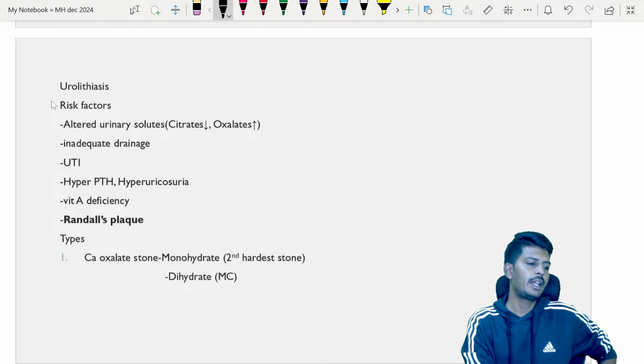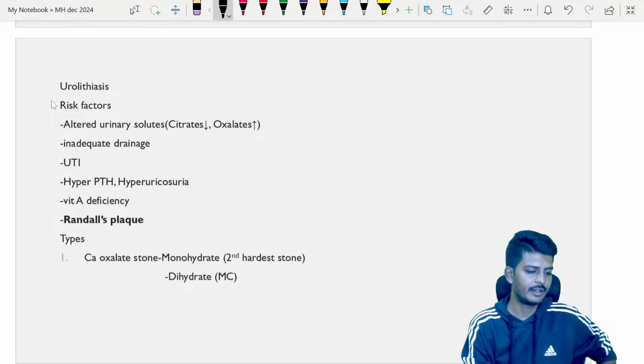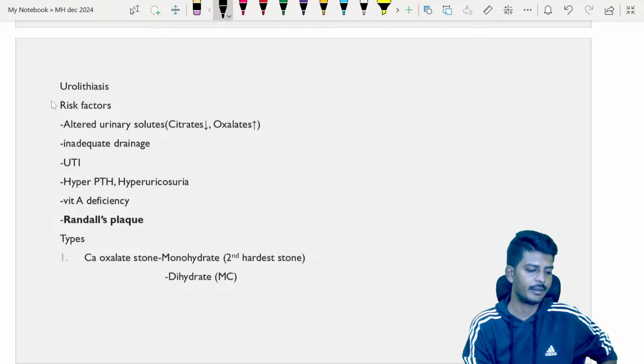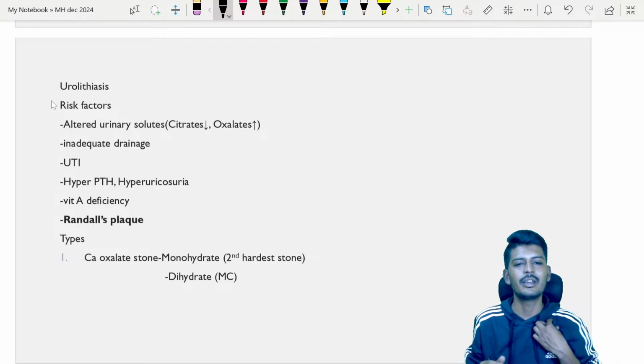So the next most important topic is urolithiasis. Urolithiasis, my dear students, is a condition where kidney stones are formed. तो इसके अंदर ज्यादा कुछ समझने के लिए नहीं है, सिर्फ it is a theory.